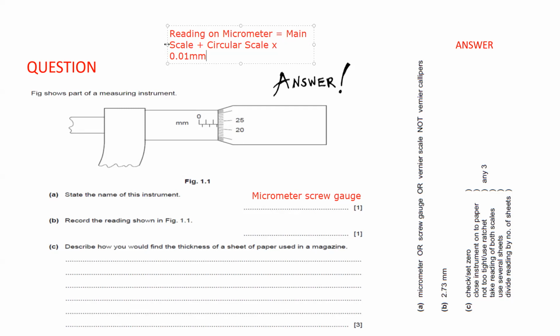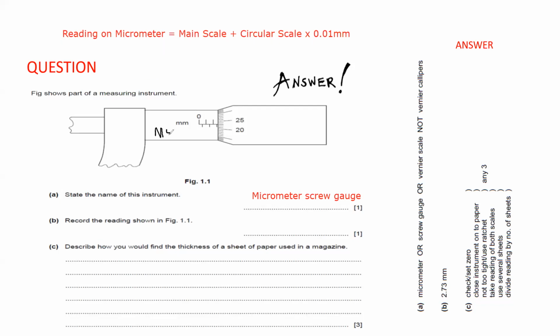So what is the main scale reading here? This is the main scale. I'm writing main scale in short as MS. The main scale reading is the last point which is visible. So 0, 0.5, 1, 1.5, 2, 2.5. So the main scale is 2.5.